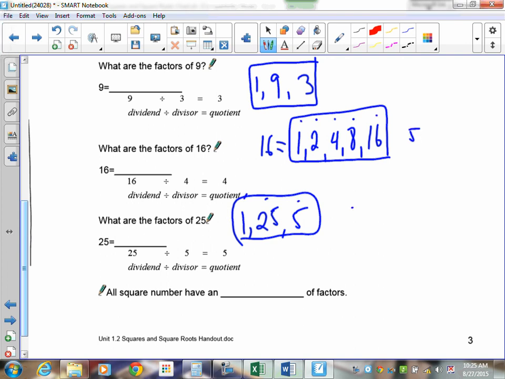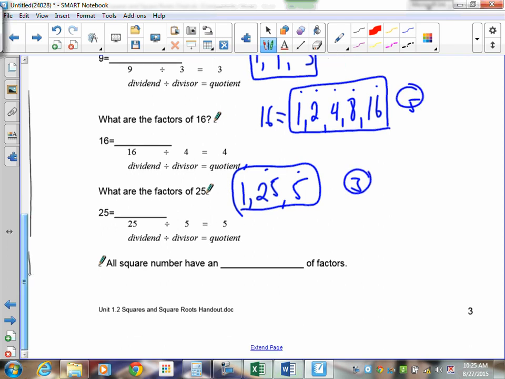This has 5. This has 3. This has 3. These numbers are all odd. So all square numbers have an odd number of factors.